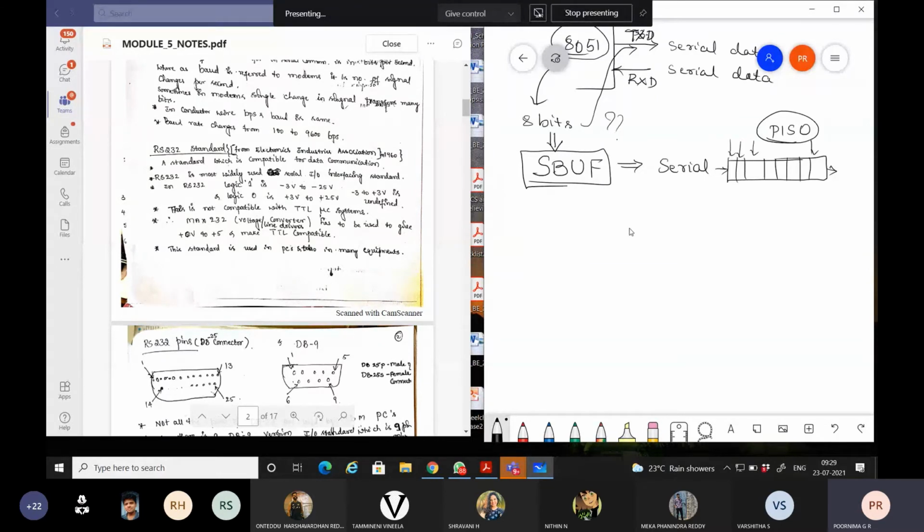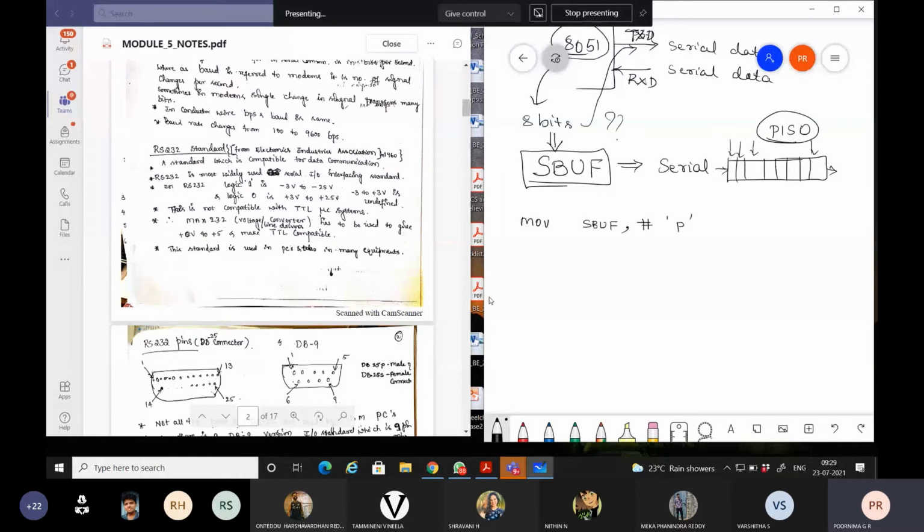Students, when you want to transmit any character or any data, how do we load it? Here is an example: MOV SBUF, and so on. SBUF is an SFR that can be loaded with the data that needs to be transferred. Say, for example, I have to transfer my name serially.